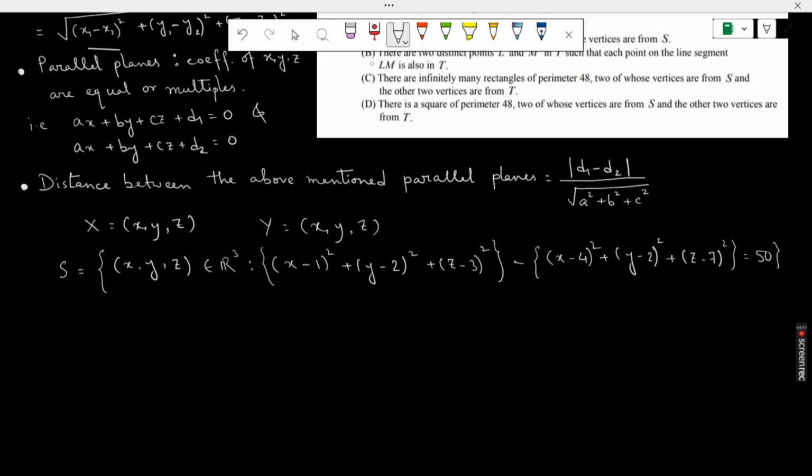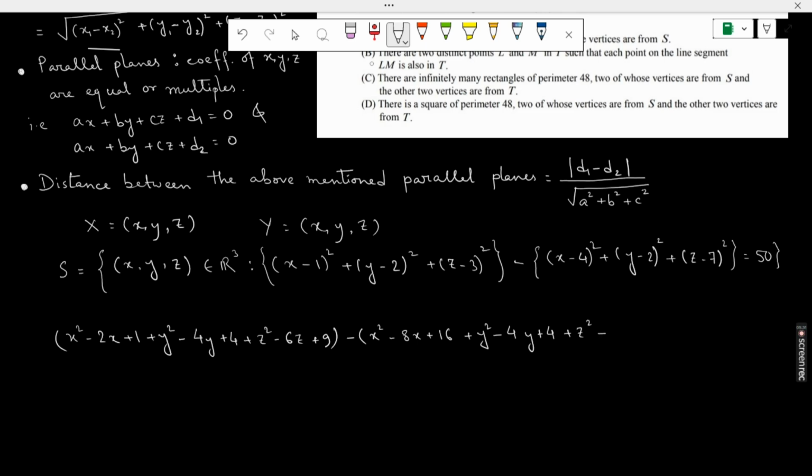If we solve this, it will be x square minus 2x plus 1 plus y square minus 4y plus 4 plus z square minus 6z plus 9, minus x square minus 8x plus 16 plus y square minus 4y plus 4 plus z square minus 14z plus 49, is equal to 50.